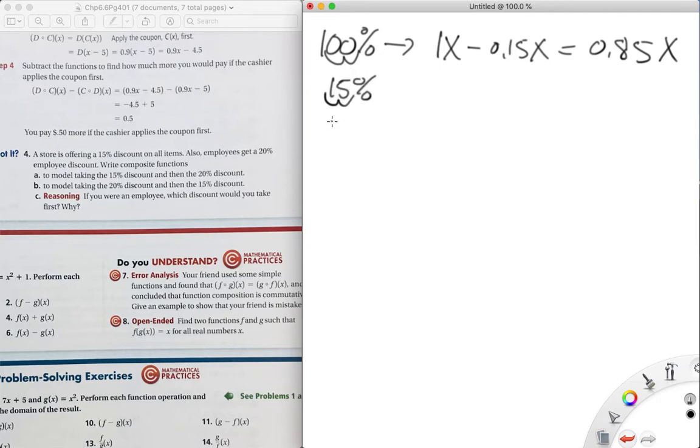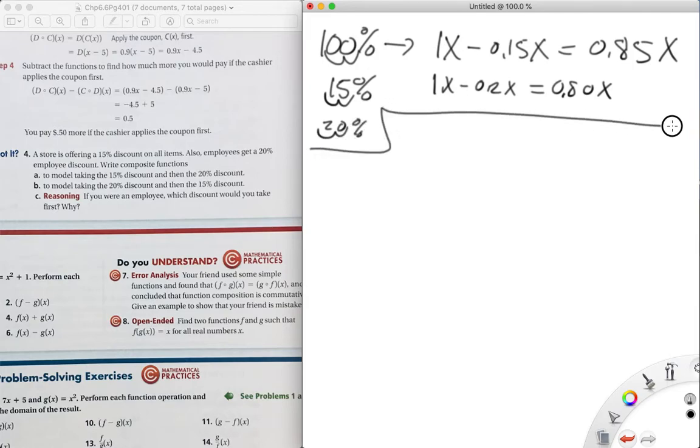If there is a 20% discount, that means that I'm paying 80%, or 0.8x. So I have a 15% discount and a 20% discount. The first thing they ask you is to model taking the 15% discount and then the 20% discount. So I don't know why they have them both called discounts.